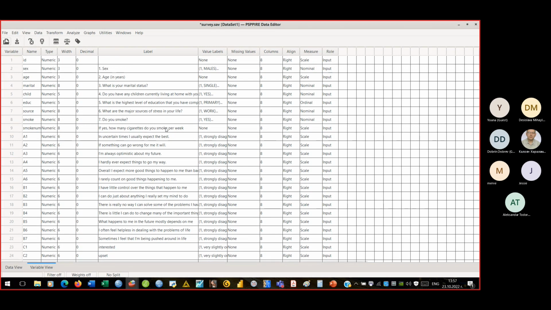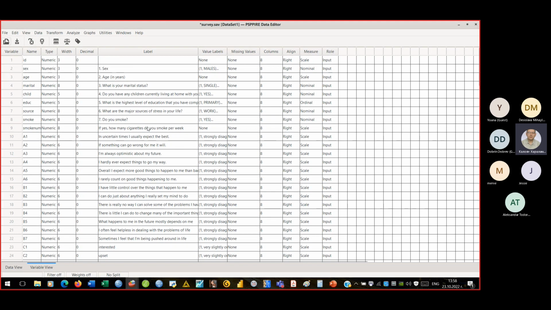But if one person answered no, then in this variable 0 is entered. So if one person smokes, then we know how many cigarettes per week. And if he or she doesn't smoke, then the value is 0.